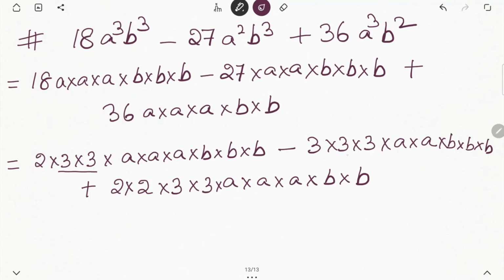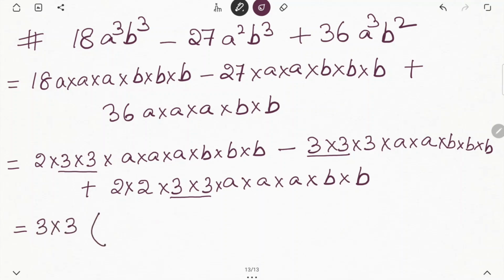In the second term I have 3 3's, so I can say that 2 3s are common among the first term and second term. And what about the third term? In the third term, I can see that I'm having 2 3s, okay. So from the numbers, what I can take out common is 3 into 3.